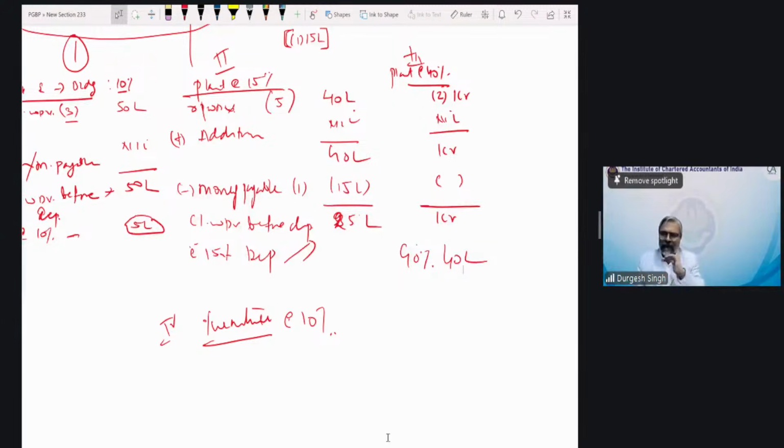And the next paragraph, last. In the tangible asset category, there are three classes of asset.